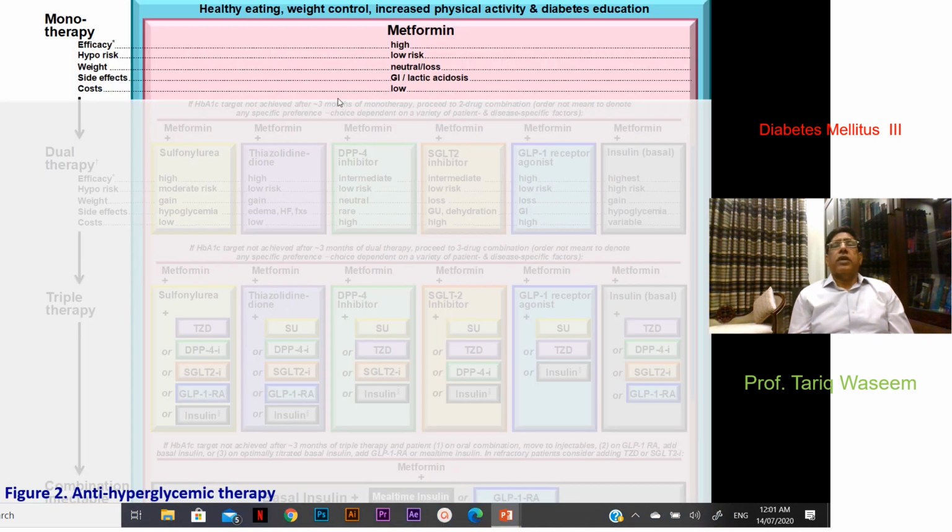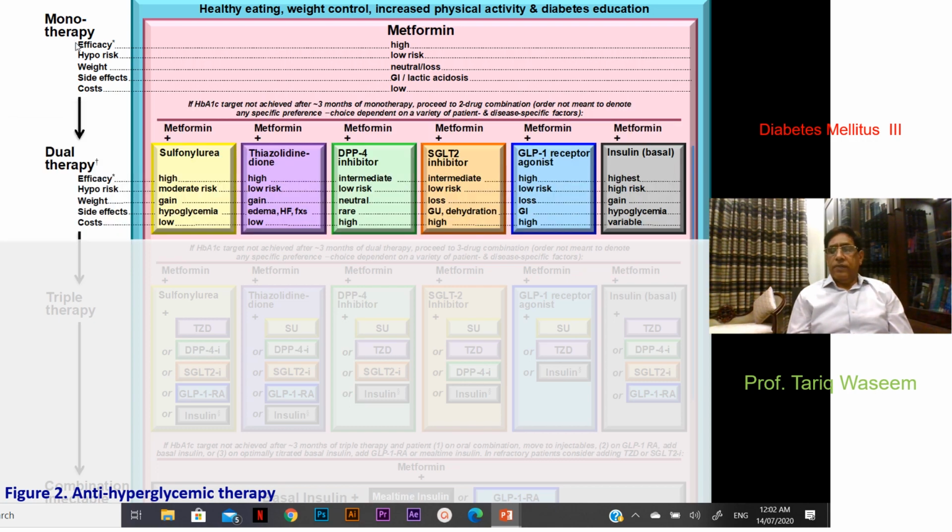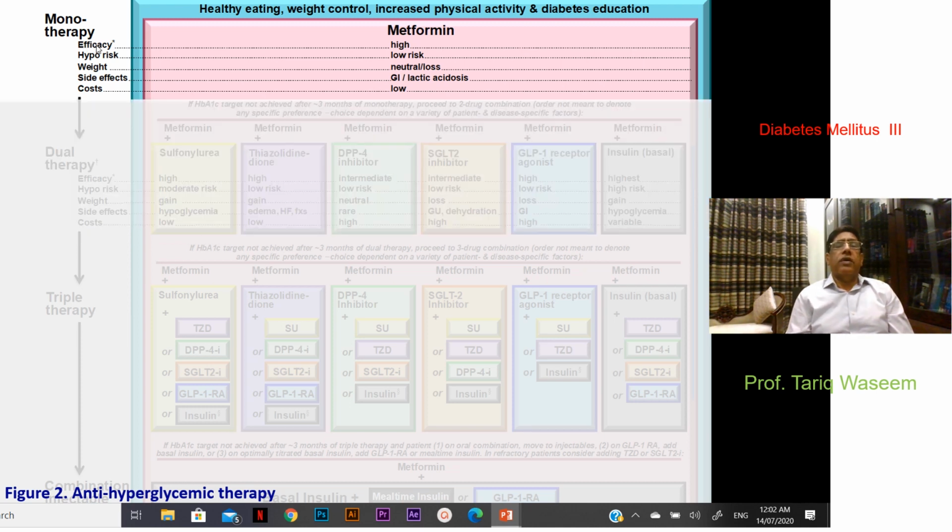So we start at the top with healthy eating, weight control, increase in physical activity, and diabetes education, and we set a target of A1C, and if it is achieved, well and good. But if not, then you can start with monotherapy, a single safe medication. For the best medication we have to look at whether the drug is effective, whether it has any potential risk of hypoglycemia, what its effect on weight is, whether it is weight neutral or may itself lead to an increase in weight.